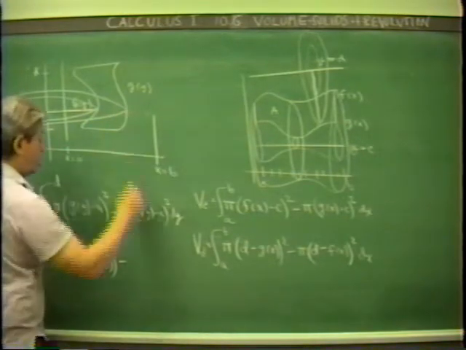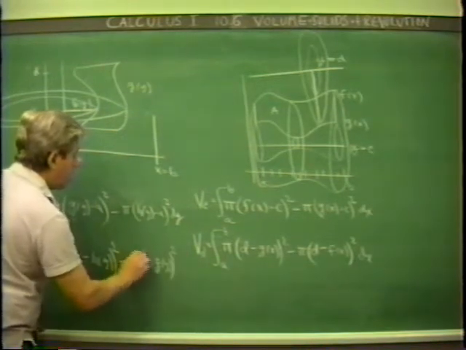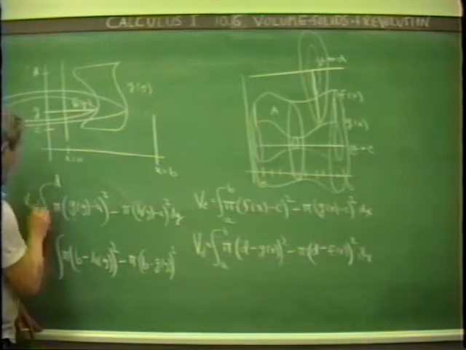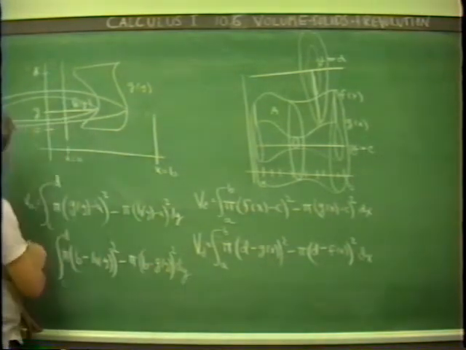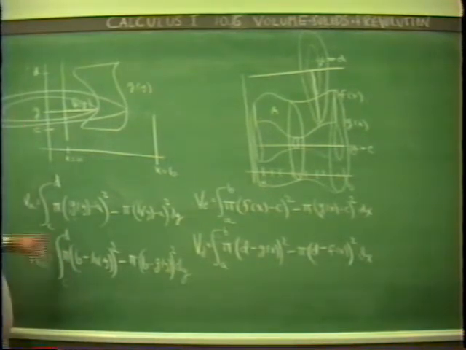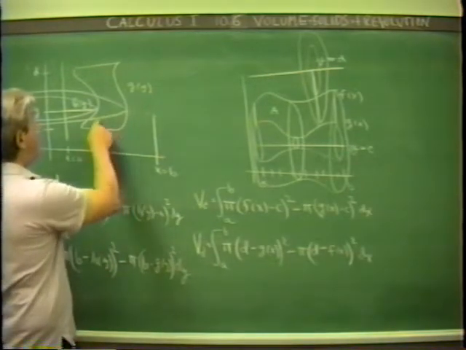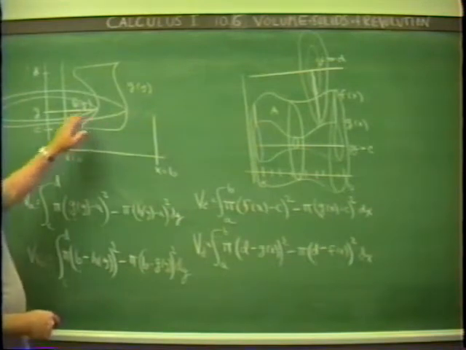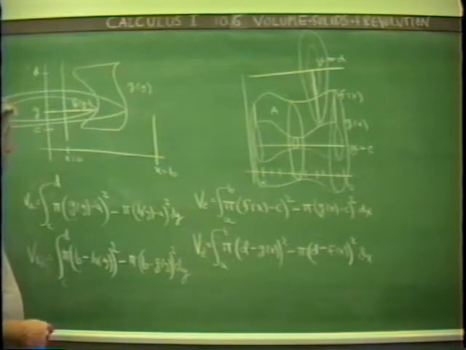The inside radius is going to be b minus g of y, so b minus g of y squared times pi, and you then want to integrate this from C to D again with respect to y, and this would give you the volume of this rotated about the line x equals b. And clearly, if you had something more complicated than this, you could perhaps break it down into pieces and perform this type of operation on each of the pieces.